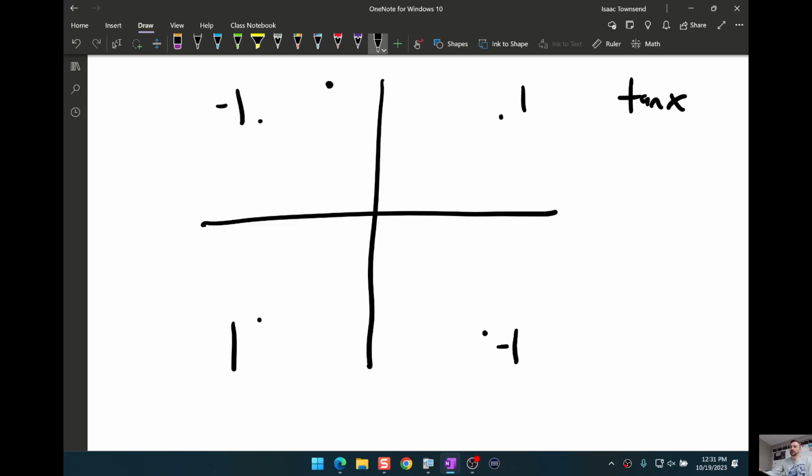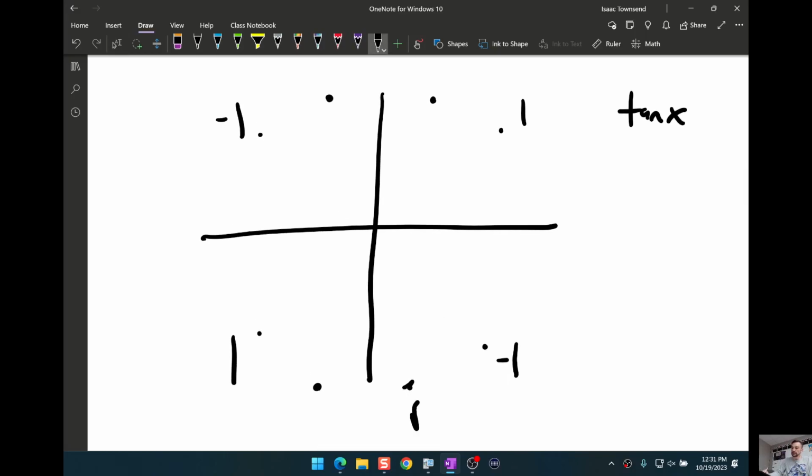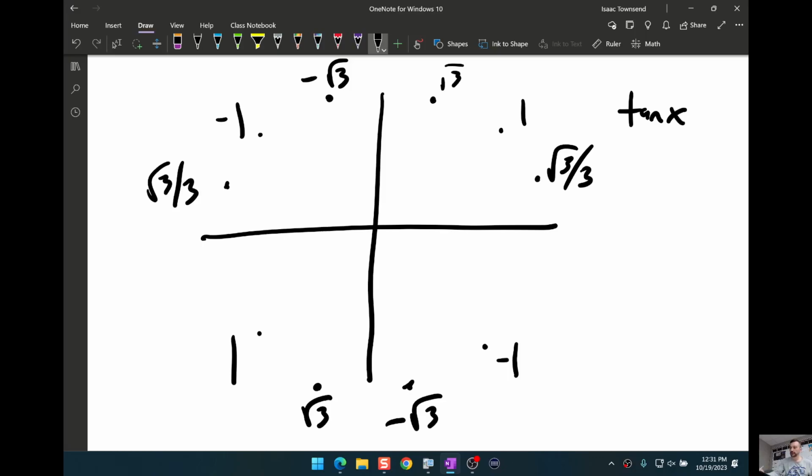If you did sine divided by cosine for the spots near the y-axis, you get the square root of 3, or negative, depending on the quadrant. And then the spots near the x-axis are smaller. They are square root of 3 divided by 3.